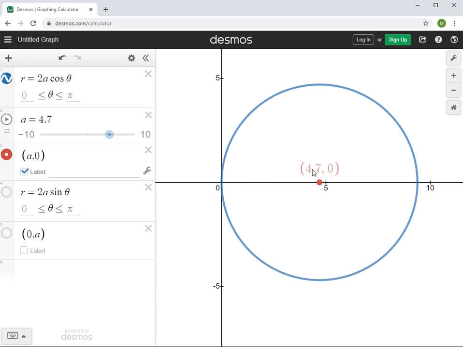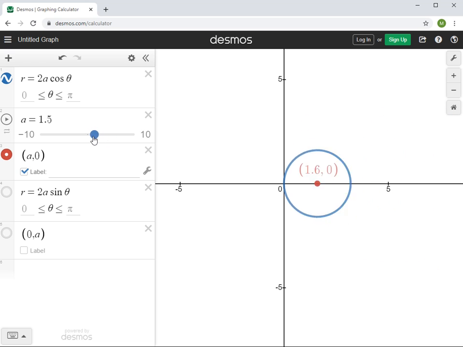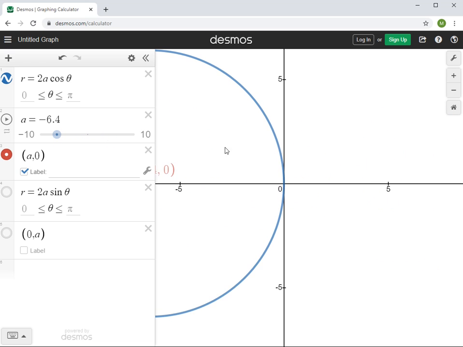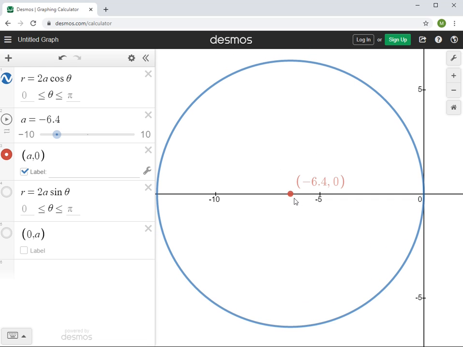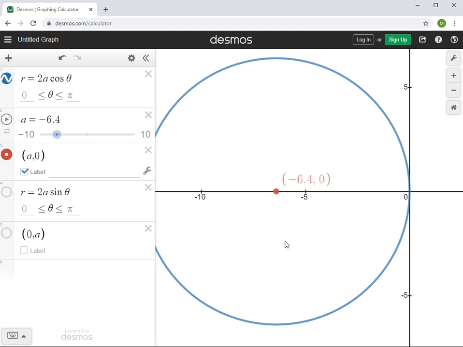So if a is 4.7, the center of this circle is at (4.7, 0). Now if we set a to a negative value, we're looking at this circle in quadrants 2 and 3. Center is still at (a, 0). Here a is negative 6.4, and the radius is still a.